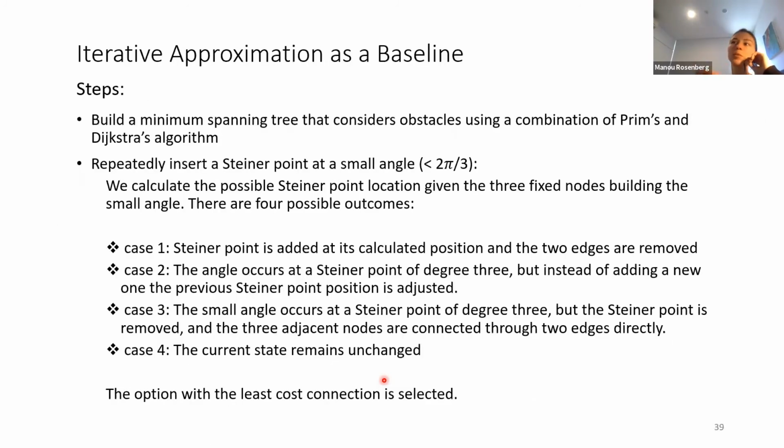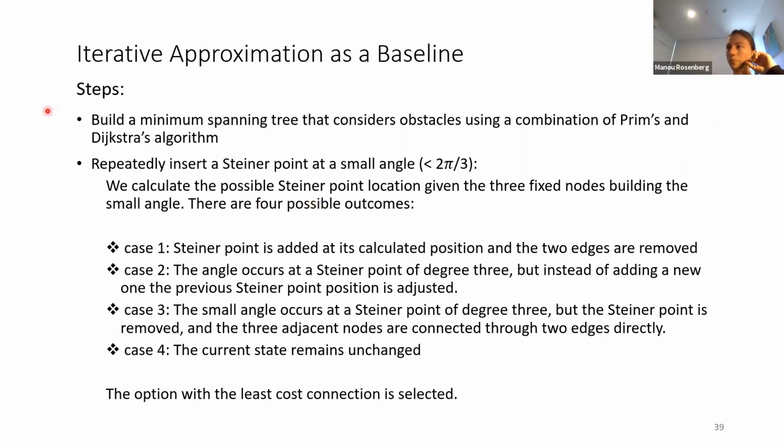But this would mean that we use another genetic algorithm within our evolutionary algorithm approach. So if you are interested in that, we can talk about this approach later on. But what we used within the algorithms for planning the electricity network is an iterative approximation as a baseline.